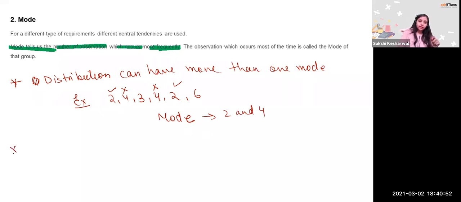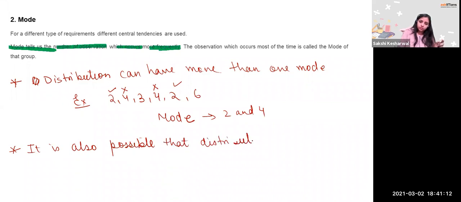It is also possible that a distribution does not have any mode, no mode, zero mode, right?